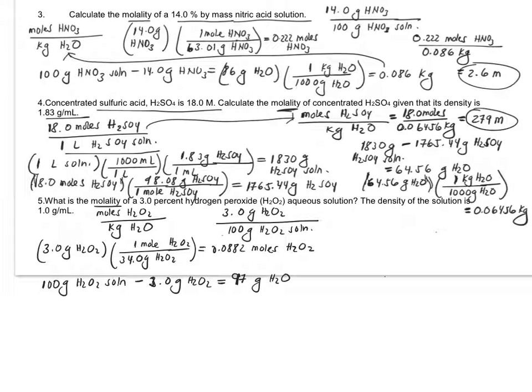And if we convert that to kilograms, that ends up being 0.097 kilograms of water. So I have my moles, which is 0.0882 moles over 0.097 kilograms of water, and that will give me the molality of the hydrogen peroxide solution: 0.91 molal.